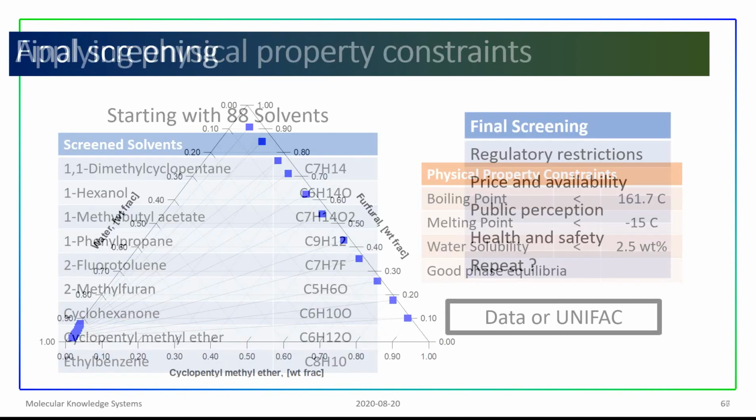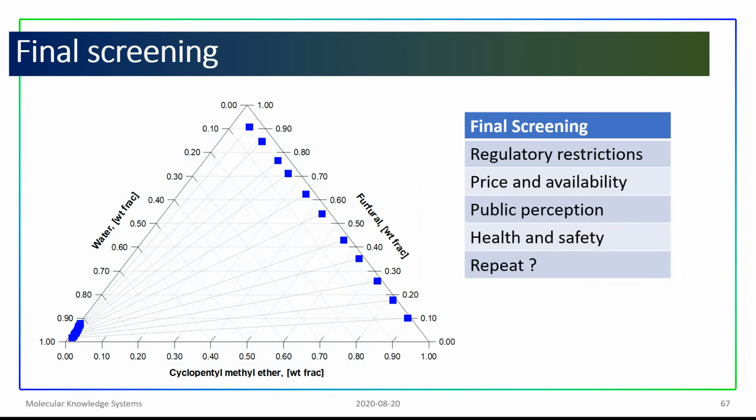Those solvents that had good phase equilibrium behavior would be recommended for experimental testing. For this particular example, we found several interesting candidate solvents, one of which is shown here, cyclopentyl methyl ether. It was of particular interest because this solvent had just recently been investigated for other reasons.